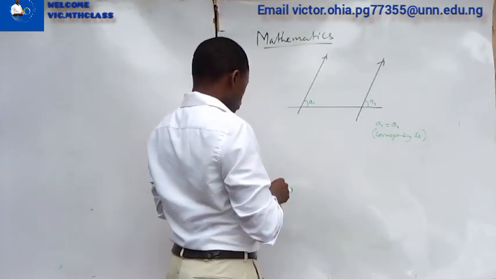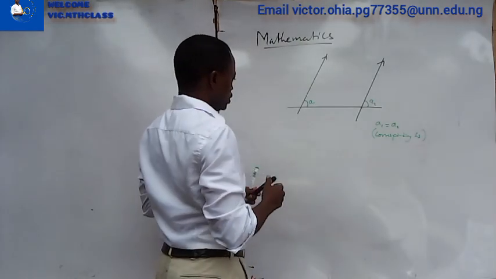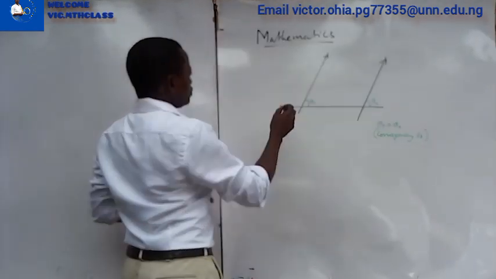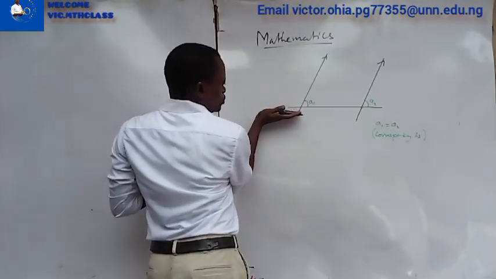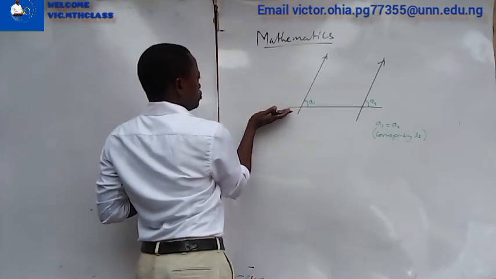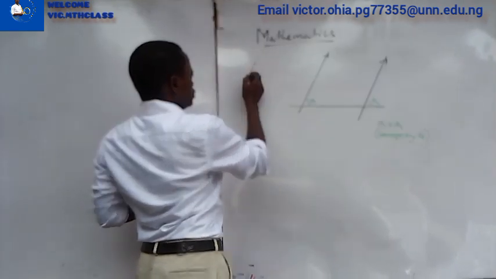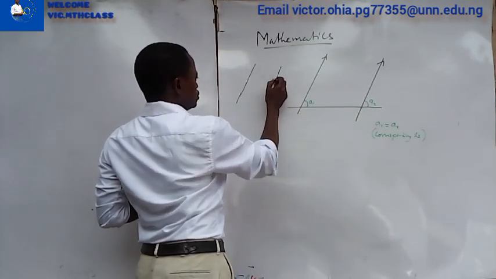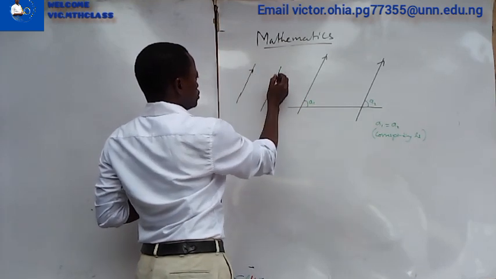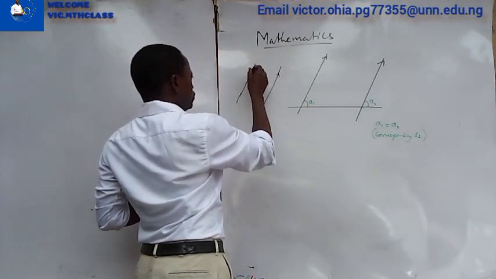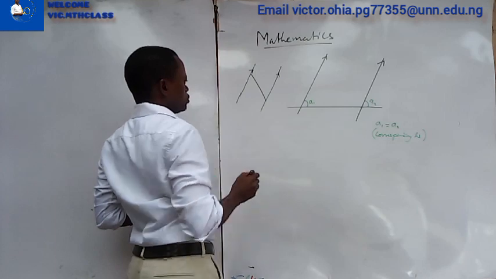Now, I want to do something again. You see, this line, I drew it this way. But what about if these are two parallel lines and I put up this transversal this way? Look at it.